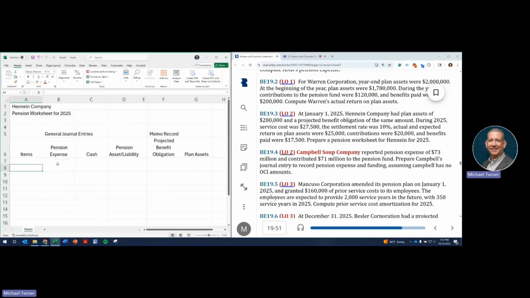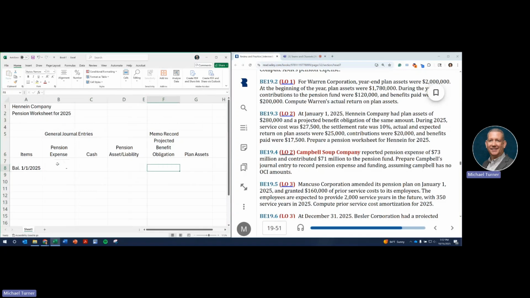So we start with our beginning balance at January 1st, 2025. The pension expense is going to be zero. The amount of cash is not relevant. We're not given the pension asset or liability balance, so we'll skip that.